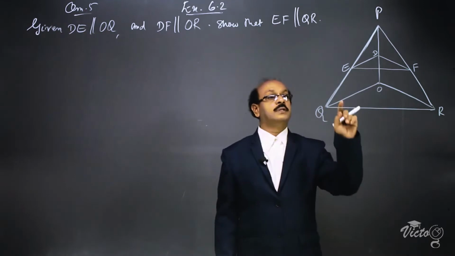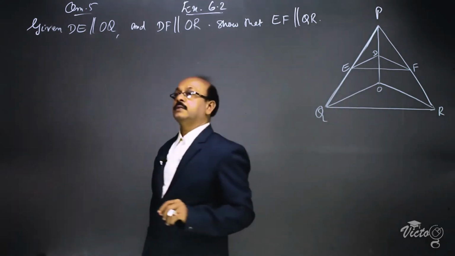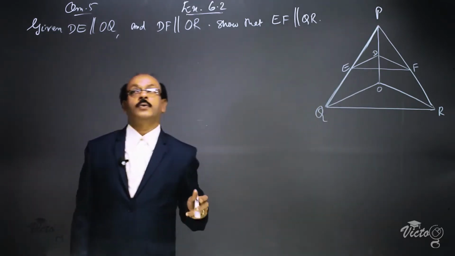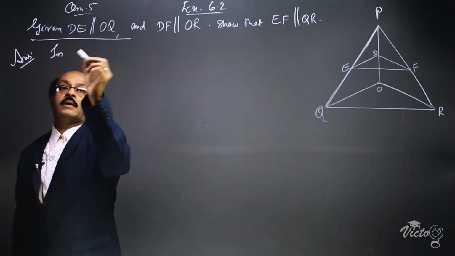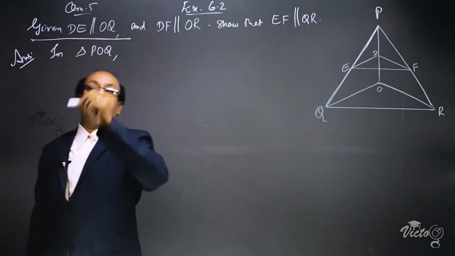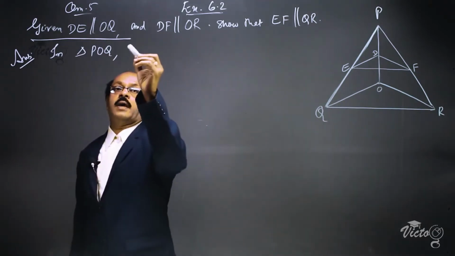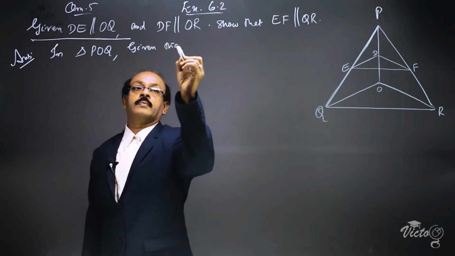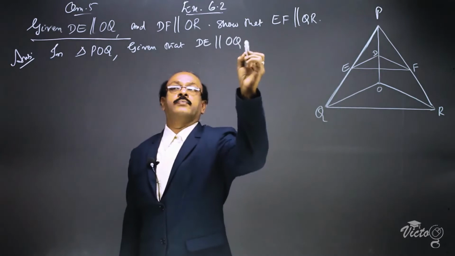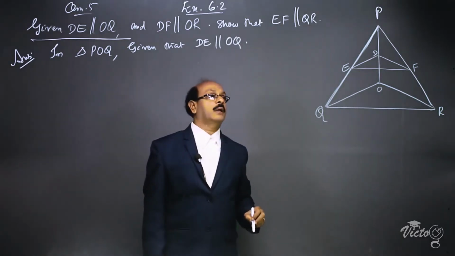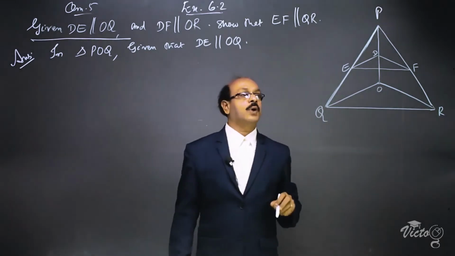Now, first of all, we have to consider triangle POQ. In triangle POQ, it is given that DE is parallel to OQ, and DF is parallel to OR, which is in the next triangle. So here we have to apply BPT.